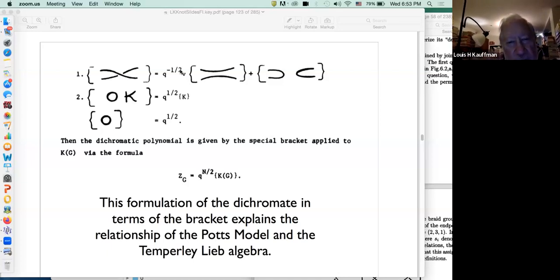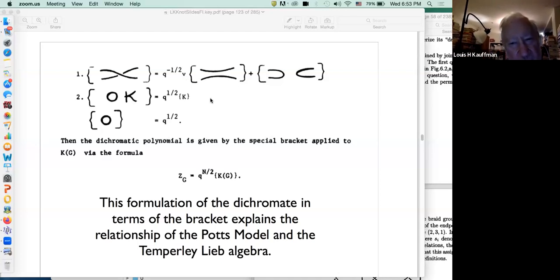So this shows that formally the Potts model, the bracket, the Jones polynomial, they're all entities of the same sort. But in one case, we're looking at a partition function which is calculating something about the topology of a knot. And in the other case, we're looking at a partition function which tells us something about the energy states of a physical system.